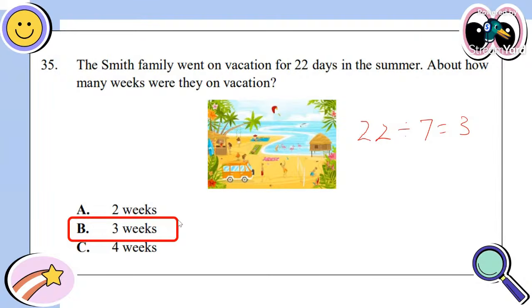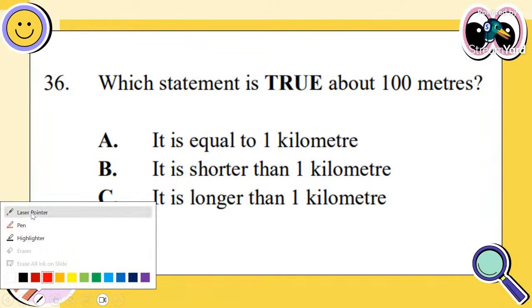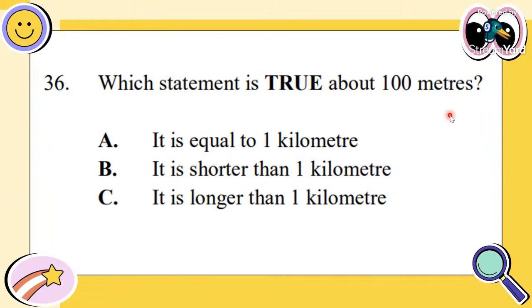Okay. Now let's move on to our next question. Which statement is true about 100 meters? And we have explored meters for a while here. I see Trelawney in Portland in the house as well. All right.